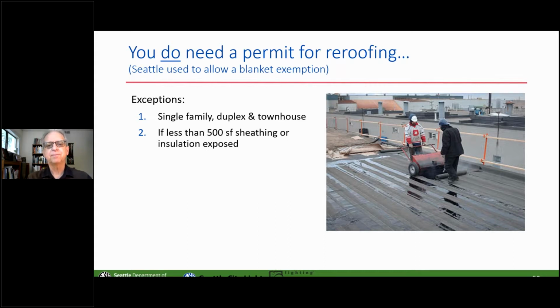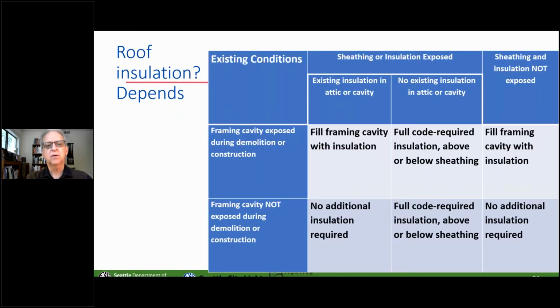Advance, please. I'm not going to explain every cell on my little chart here, but just note that there's a complex relationship of where full insulation or partial insulation is required.